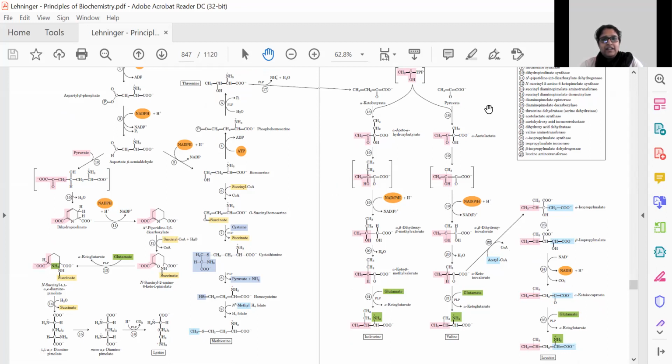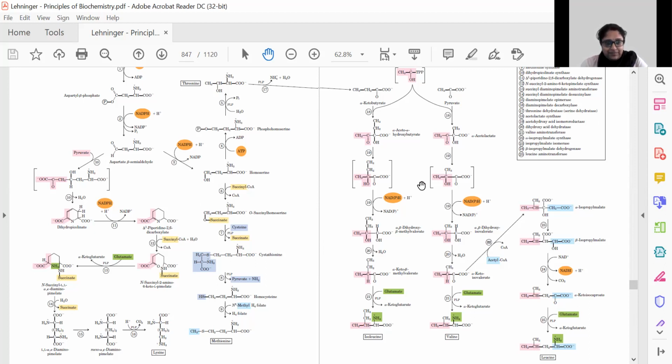We will be looking at each of these steps in a very step-by-step fashion. We will be looking into all these pathways, but they are actually all interconnected, and that is why this has been expressed as such a huge pathway. But we'll be looking into each of them individually.